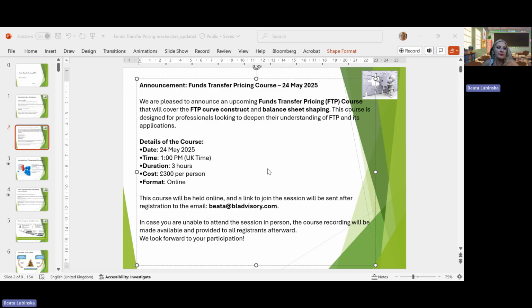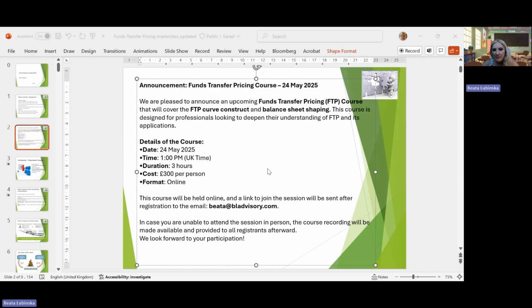One of these could be the management overlay, which is applied to the FTP curve construct. This is a very structural tool because you are shaping the whole structure of the curve. So you are impacting both assets and liabilities at the same time, especially if you are using one curve for assets and liabilities.